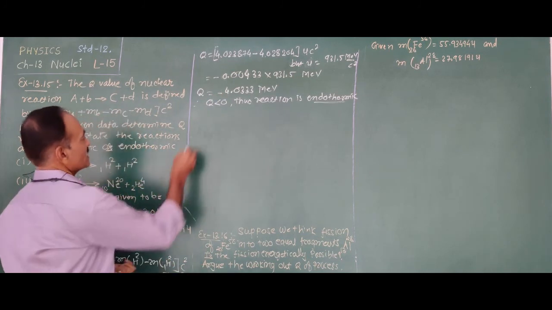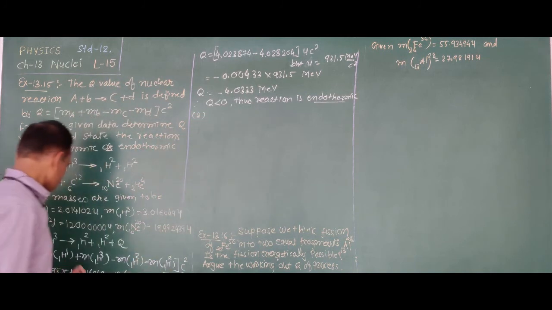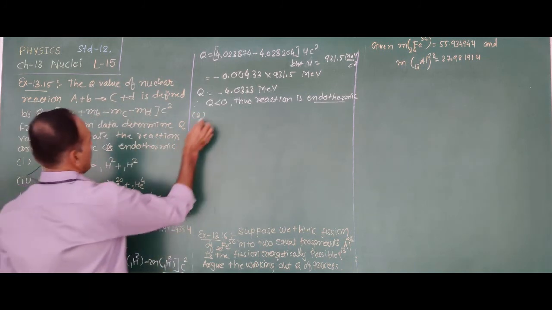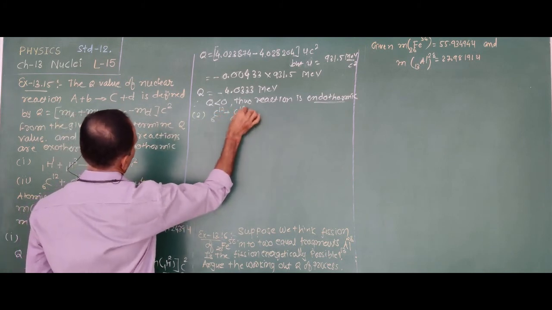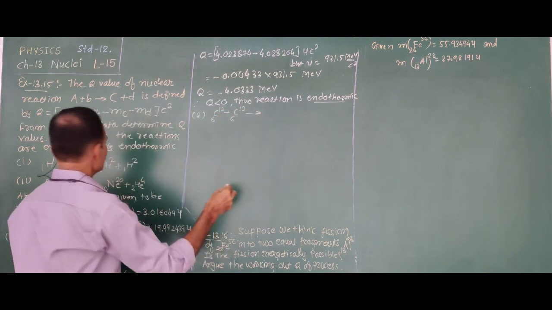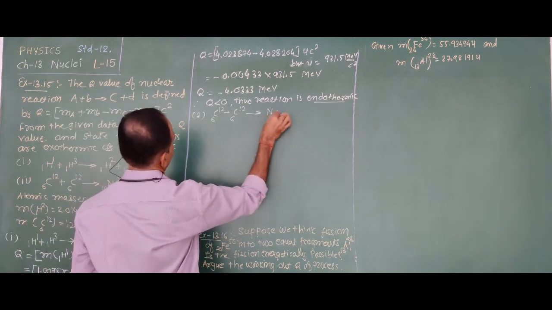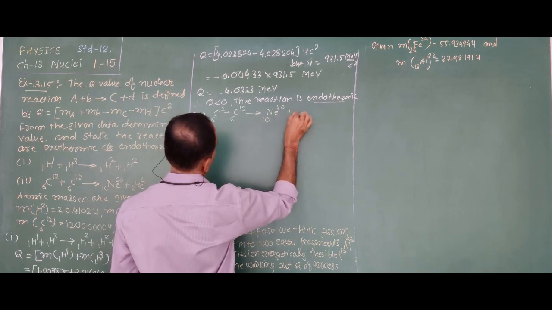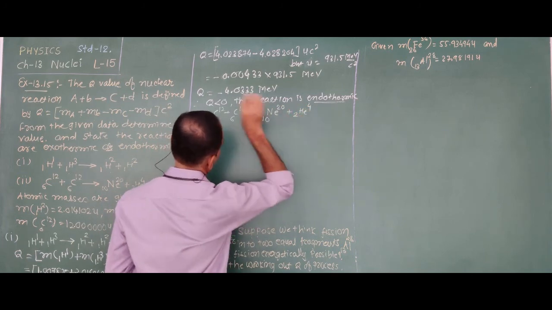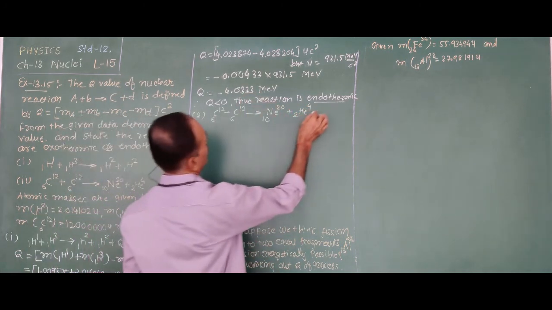Now the second reaction is carbon C6 12 reacting with carbon C6 12, converting into neon 10 20 plus 2He4 helium and the Q value.